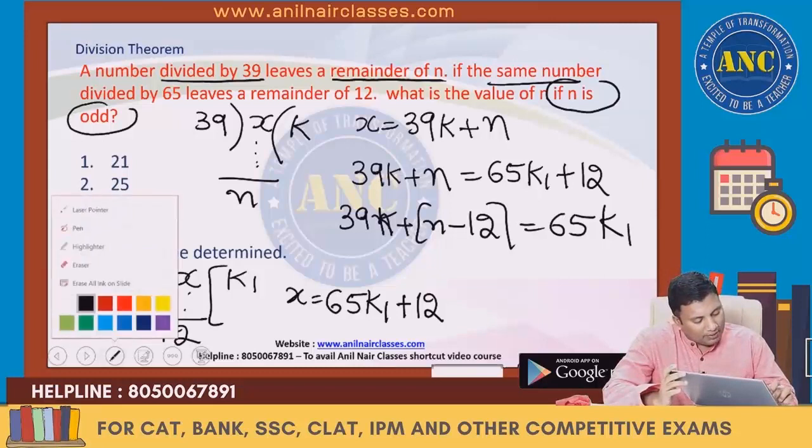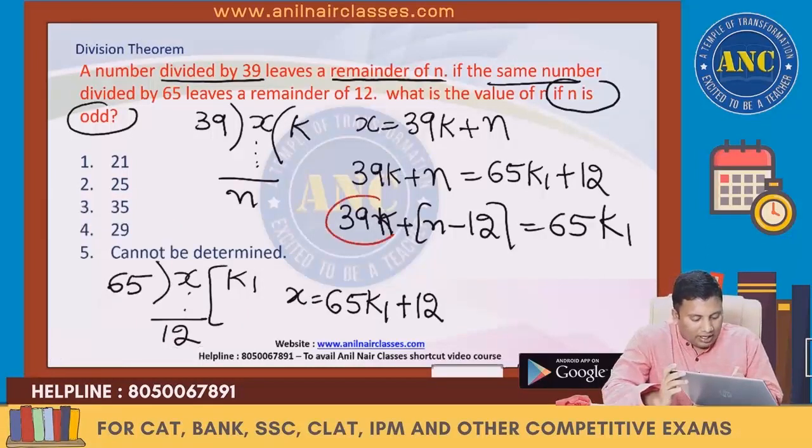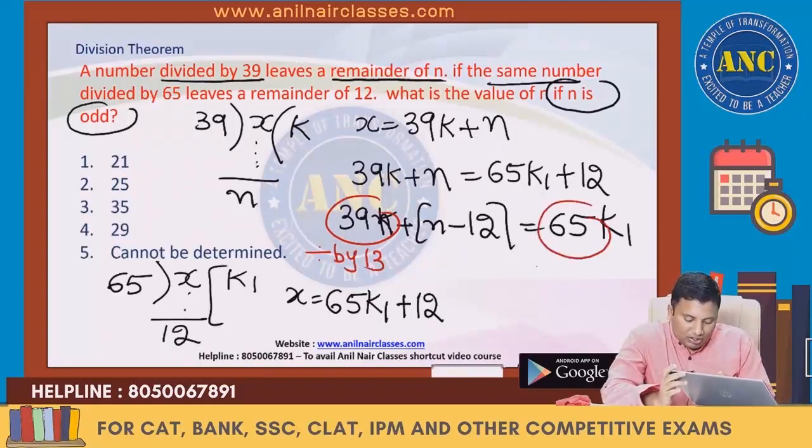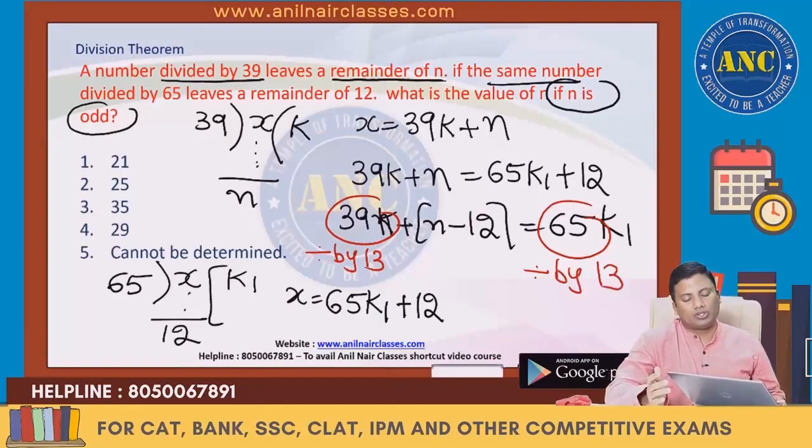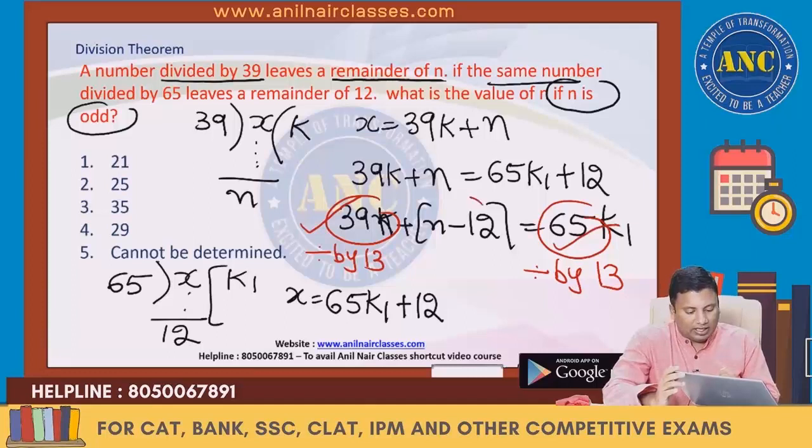Now if you observe, 39k is divisible by 13, since 13 3s are 39. 65 is also divisible by 13. If this is divisible by 13 and this is divisible by 13, n minus 12 should be divisible by 13.